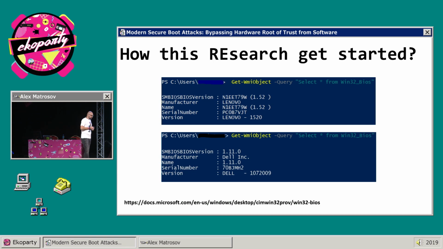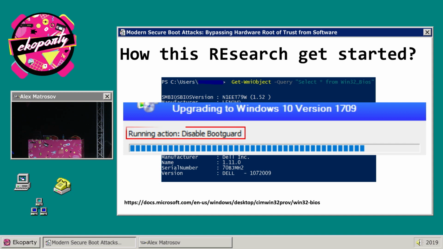And it is a PowerShell script which gets some information from the ACPI table about what version of the laptop, what version of the BIOS, etc. It's basically enough information for the attacker to create a payload for a specific version of the laptop, and you can get this automatically. Also, in the same way, PowerShell can disable Boot Guard in enterprise laptops. But I will not talk much about that because I covered it yesterday.